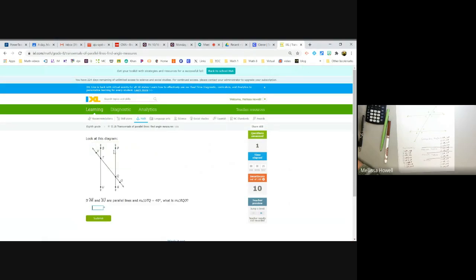PR, where's PR? This line is parallel to this line. UTQ, so this angle right here is 40, and RQO, this angle right here, well, those are corresponding. They're both acute. That's another clue. So this one's going to be 40.